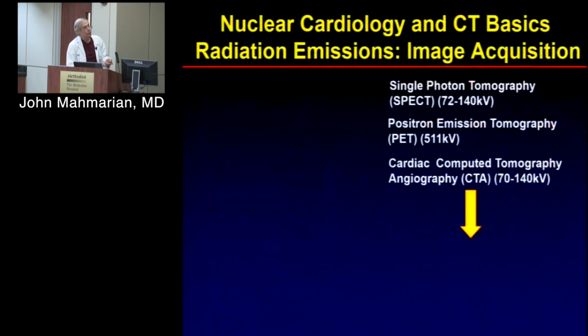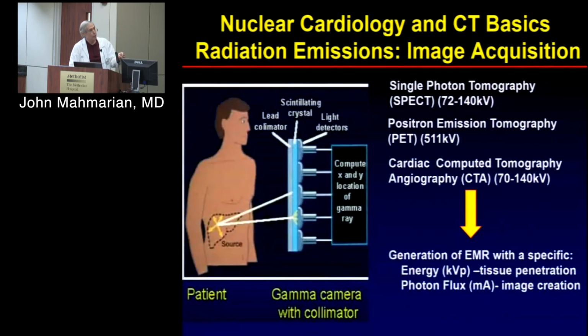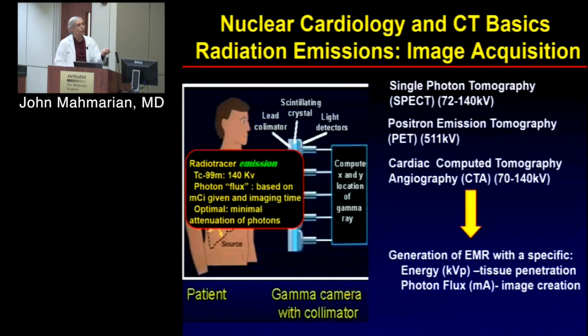Just to go over this a little bit further, we talked about SPECT in terms of the types of radiopharmaceuticals we use, and PET and CT. I just want to emphasize the fact that just like in nuclear, here we have a photon coming out. What we really like to do, since we're looking at emission imaging with nuclear, is that we really want to get the photons out of the body.